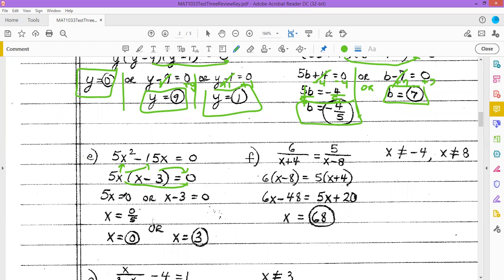So 5x equals 0 or x minus 3 equals 0. Now with the equation on the left side, we're going to divide both sides by 5, and 0 divided by 5 is just 0. So x equals 0, or with the equation on the right, we're adding 3 to both sides of that equation. So x equals 3. So x equals 0 or x equals 3.